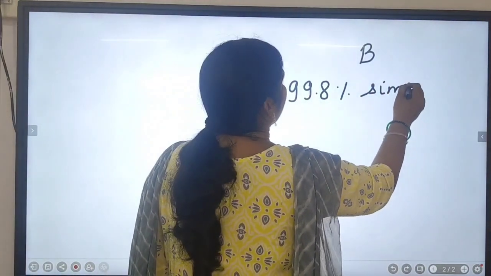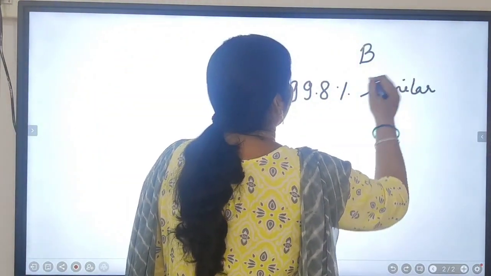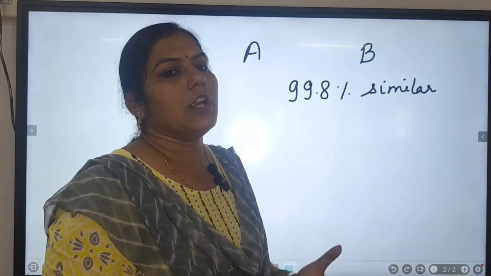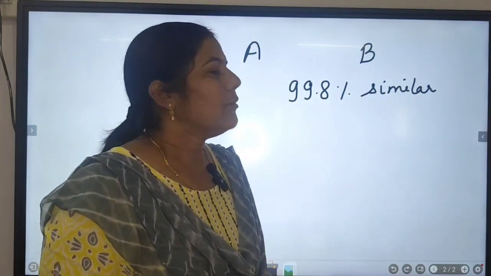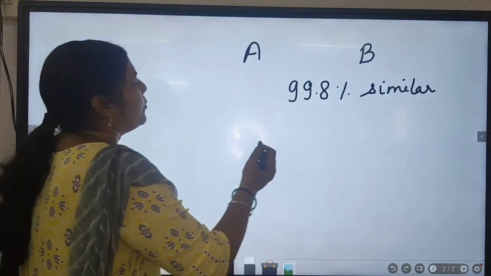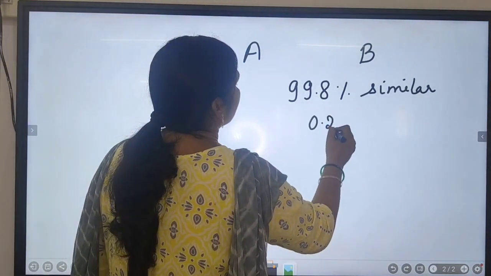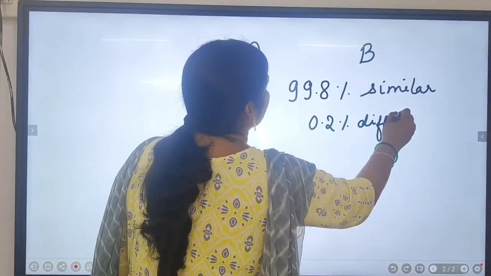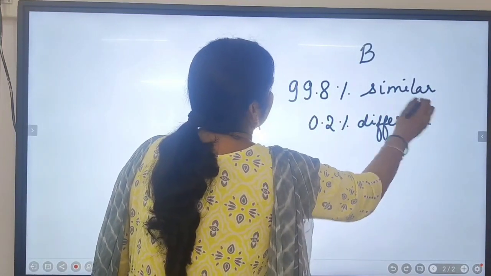Meaning my DNA is 99.8% similar to any other human. Meaning only 0.2% difference is there between each one of us.